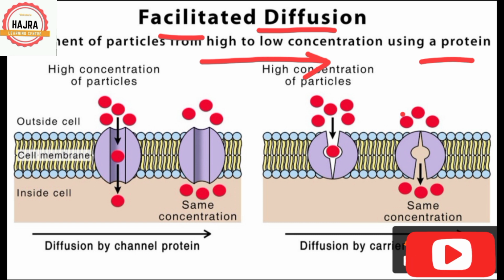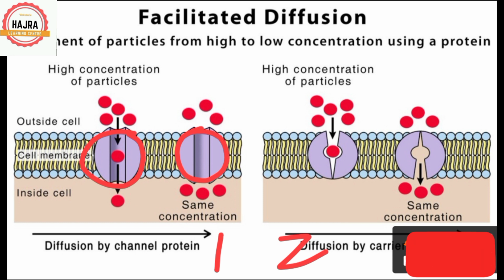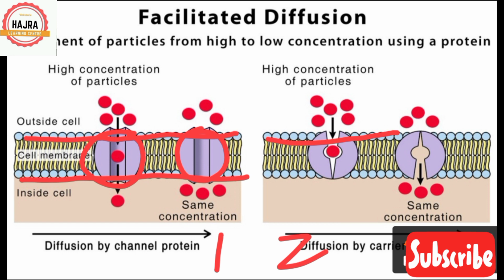Look at picture number 1 and picture number 2. Let me label them. In picture number 1, diffusion by channel protein. These two are proteins, and this is a plasma membrane or cell membrane.